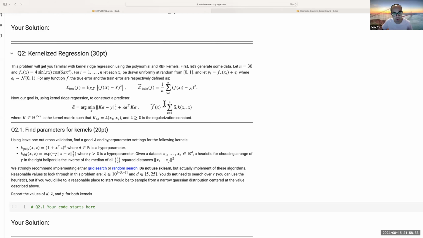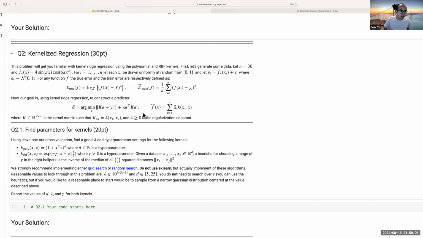Basically, this prediction will be f hat of x, involving the kernel. This right here is actually a vector, because if you plug in x and all the xi from 1 to n, it becomes a vector, whereas for a single one it is a scalar. So you can rewrite everything into the inner product between the alphas and the kx right here.